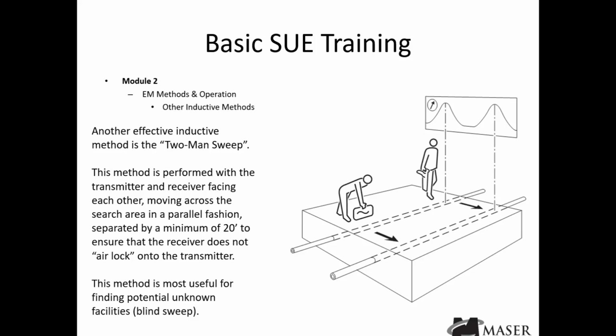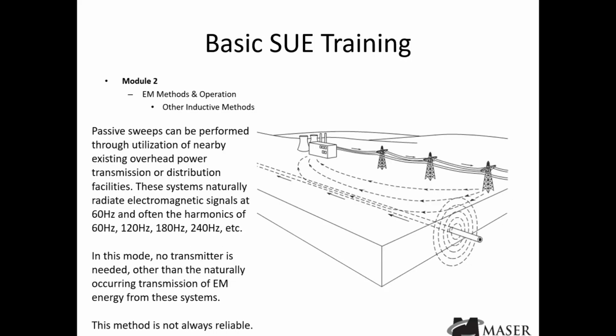So this is particularly useful for unknown sites where we go out and just start doing an investigation. We can two-man sweep an area to confirm that we've gotten everything and to indicate whether or not we have some previously unknown facilities within the area.